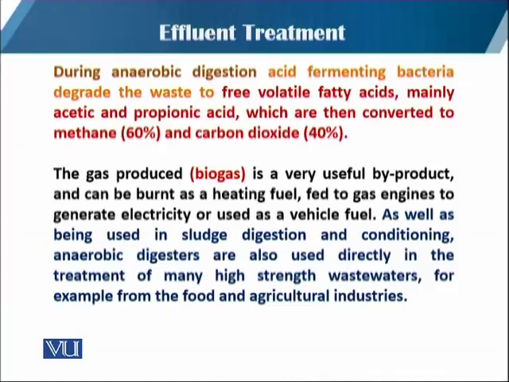As well as being used in sludge digestion and conditioning, anaerobic digesters are also used directly in the treatment of many high-strength wastewaters, for example, from the food and agricultural industries.